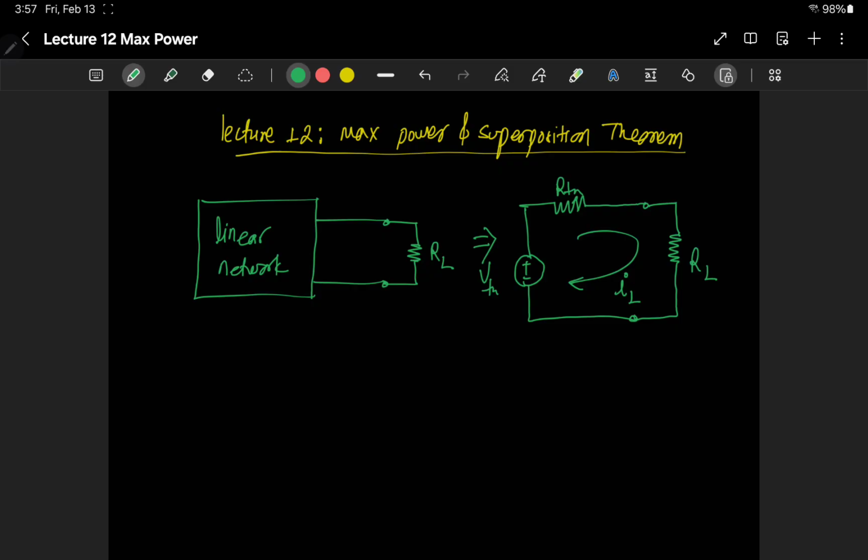In that case, we don't need to use the voltage divider rule, we can just use the resistances because these two are in series, to find the current, right? So we can calculate IL as VTH divided by RTH plus RL, and the power that is absorbed by RL can be written as IL squared times RL, right?